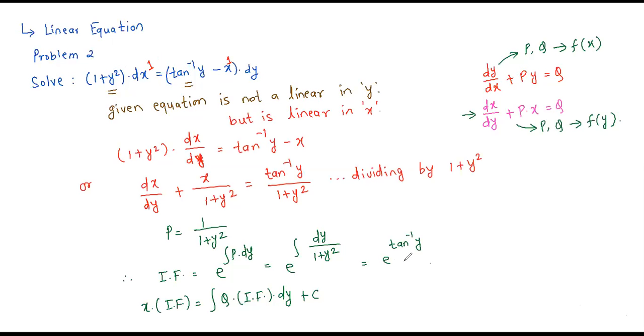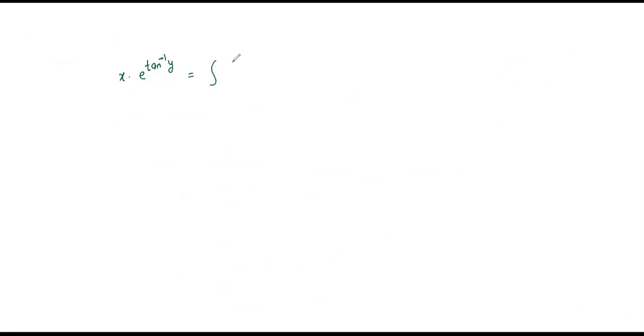So x times e to the power tan inverse y equals the integration of Q, that is tan inverse y upon 1 plus y square, times e to the power tan inverse y dy, plus c.